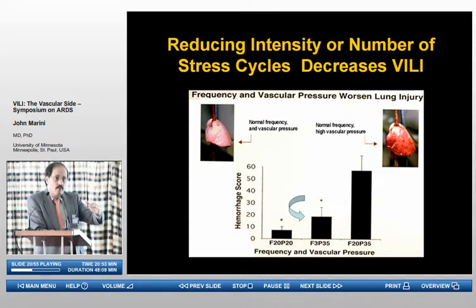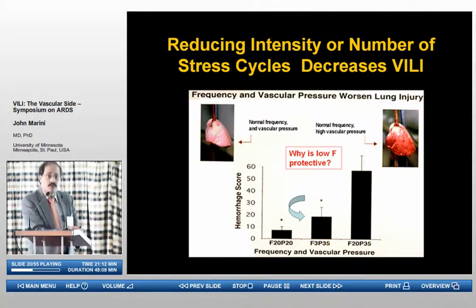We lowered the breathing frequency to only 3 per minute. So you have alveolar pressure at exactly the same levels, vascular pressures at the same levels, same tendency, you would think, to cause hemorrhage, and you've caused much less.